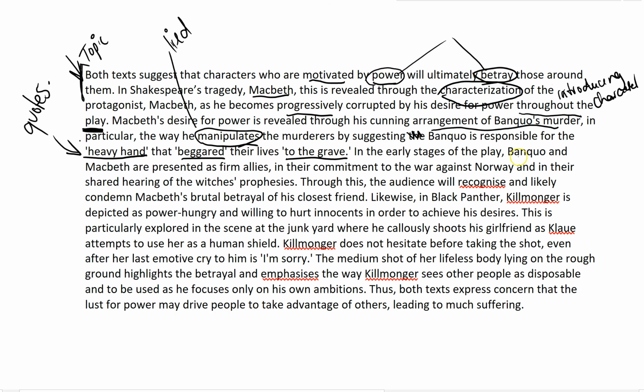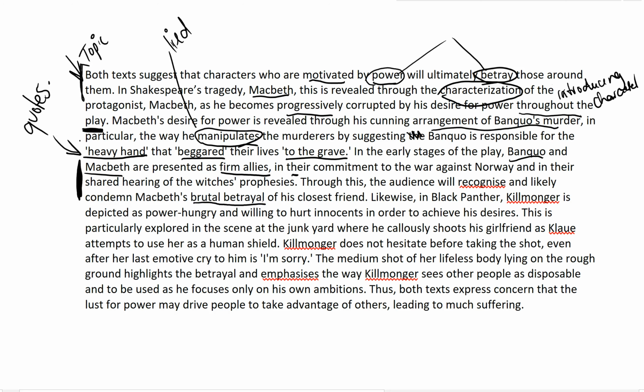In the early stages of the play, Banquo and Macbeth are presented as firm allies in their commitment to the war against Norway and in their shared hearing of the witches' prophecies. So this is again explaining the relationship between Macbeth and Banquo, which leads to the next sentence. Through this, the audience will recognise and likely condemn Macbeth's brutal betrayal of his closest friend.